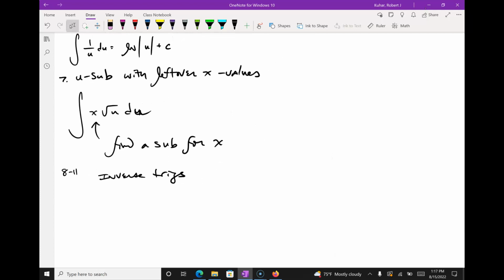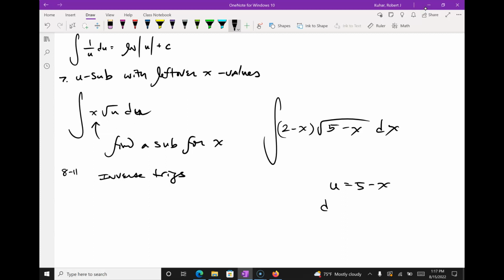Level 7 is what? So I think we had done something like 2 minus x times the square root of 5 minus x, where I let u be the inside, right? Du is opposite of 1 dx.